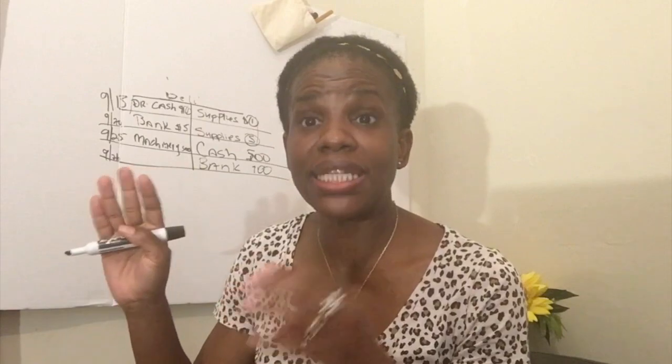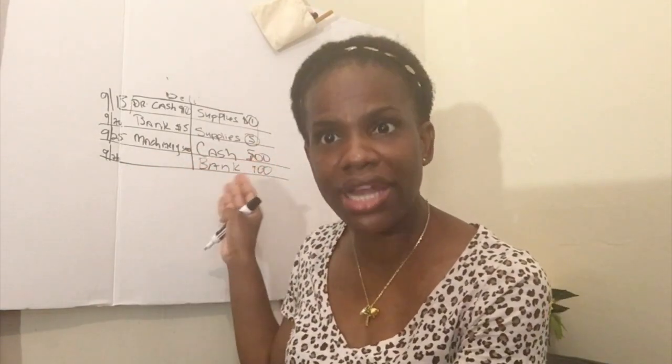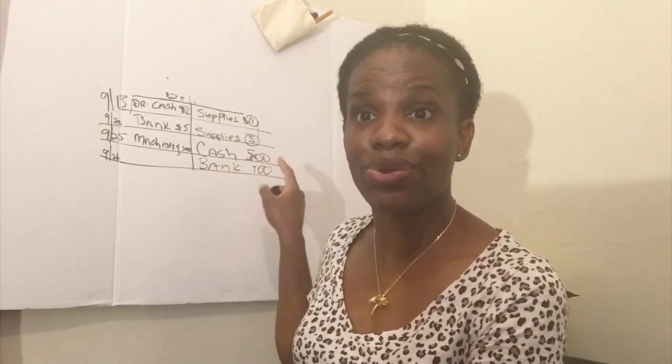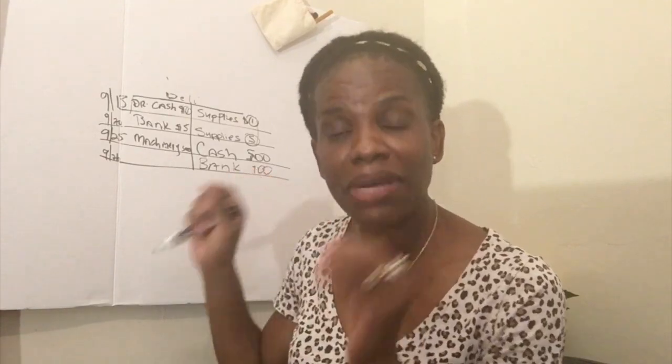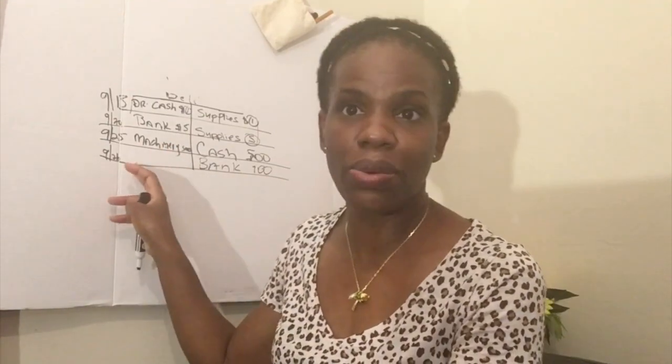And here's a good thing about accounting. Since we say that for every debit there must be a credit, for every credit there must be a debit, we know that bank is on the credit side because money is walking out of our business. Now we need to know what is going on the debit side. And it's an expense.